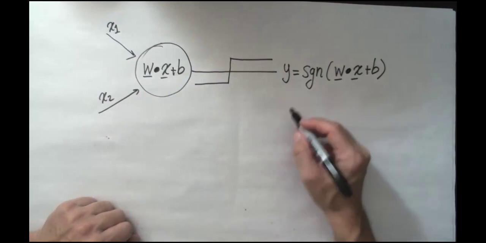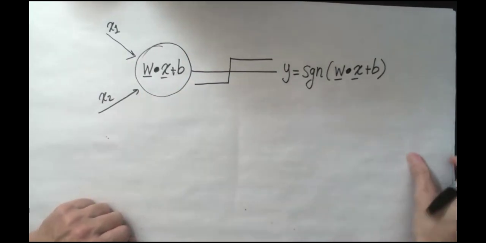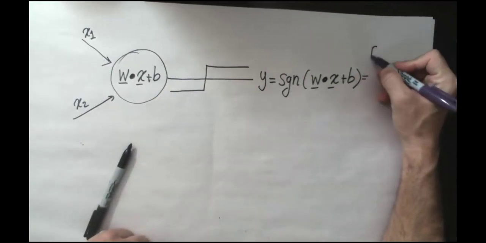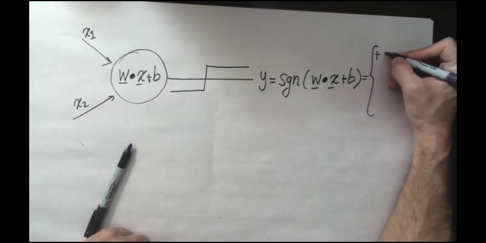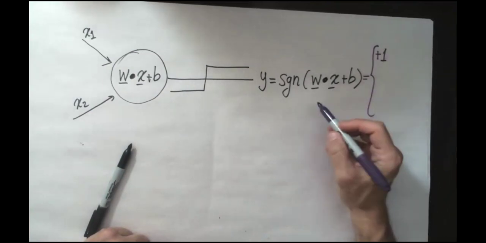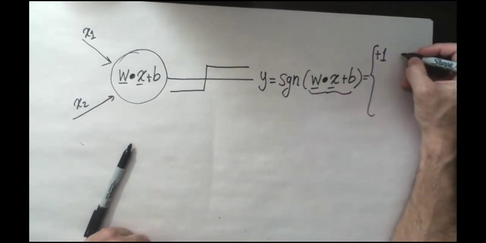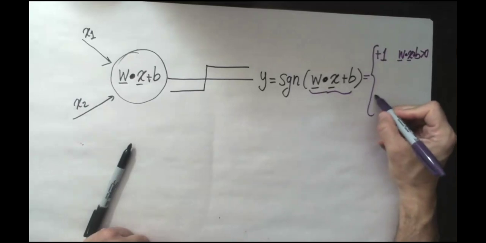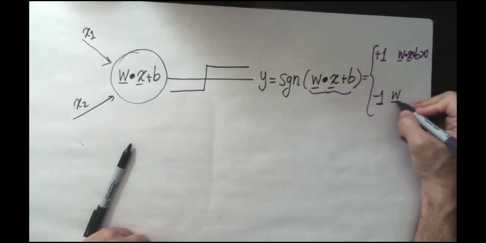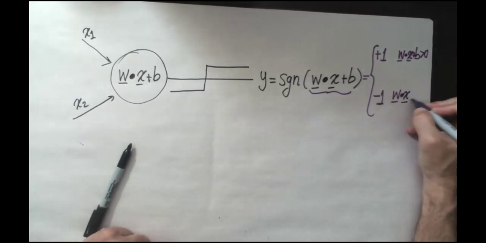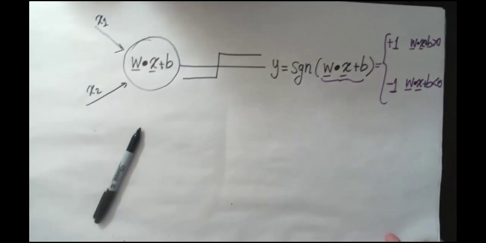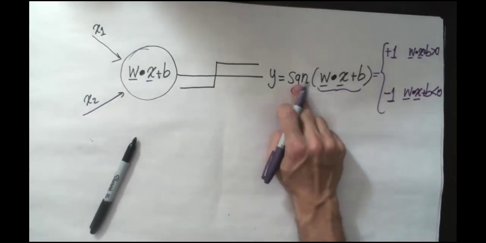And so remember what this quantity means: this output is going to be equal to +1 if this argument is greater than 0. It's going to be equal to -1 if the same argument is less than 0. Okay? Because that's what the sign function does.